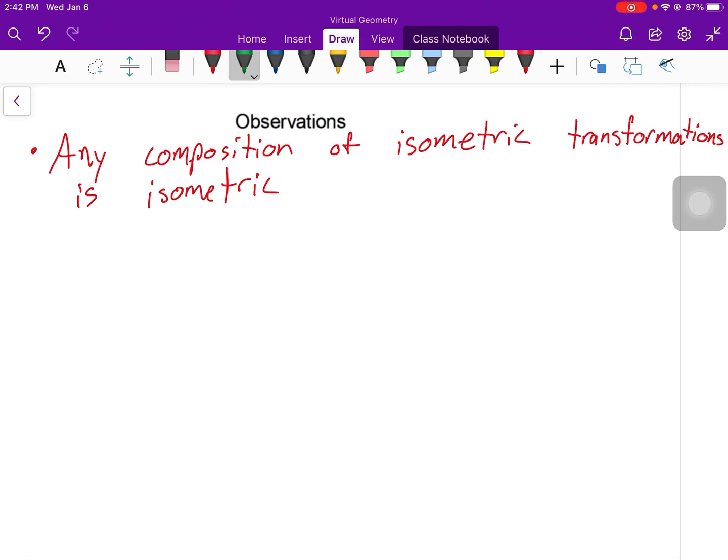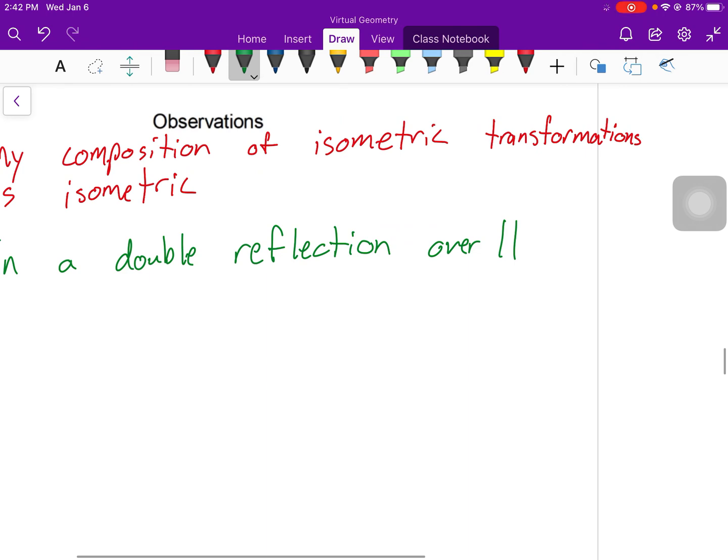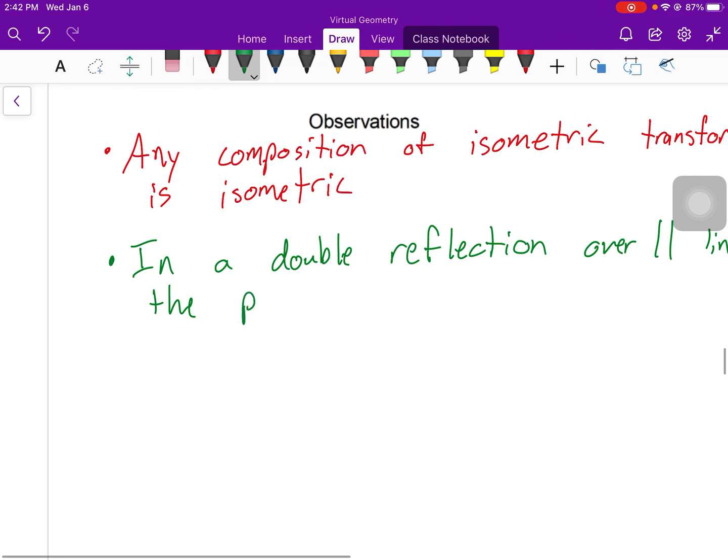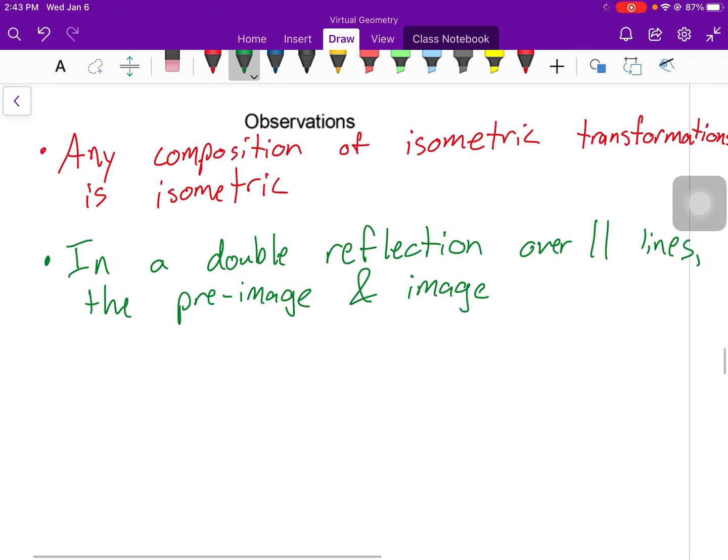All right. The second one, which you probably didn't notice, maybe you did, and if you did, good for you. It says in a double reflection over parallel lines, the pre-image and image, I should say the final image, are parallel.